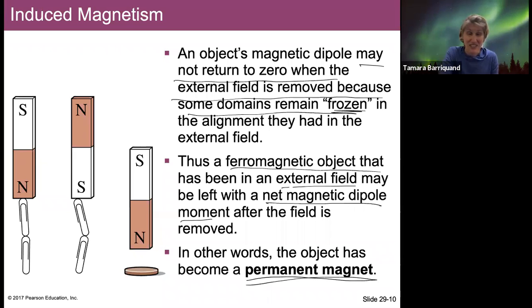We can actually see objects that become permanent magnets, especially objects that are molten. If we have molten iron that comes out, such as at a mid-ocean ridge, and it is in the magnetic field of the Earth, all the electrons will align with the magnetic field of the Earth, just like a compass does. A compass is just a little magnetic dipole that's going to align with the magnetic field of the Earth.